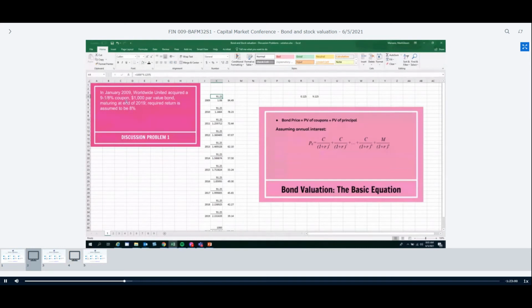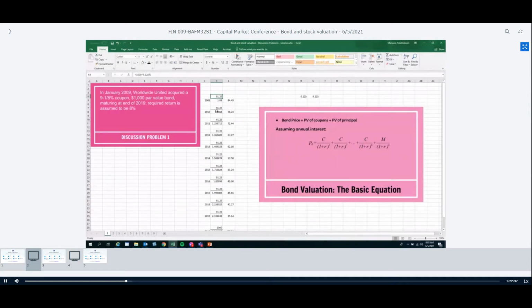That's the nominal rate, no? That's a coupon rate and it's fixed, no, throughout the year. So meaning if you hold it until maturity, you're going to earn 91.25 dollars annually. Now, so ganun yung gagawin natin till 2019.